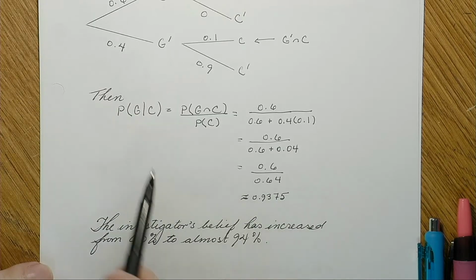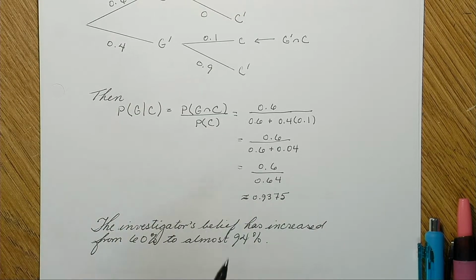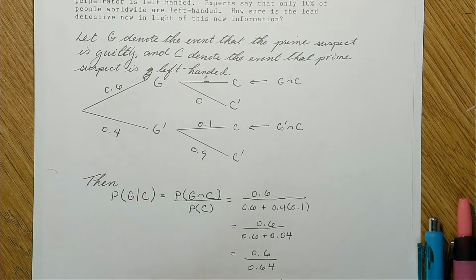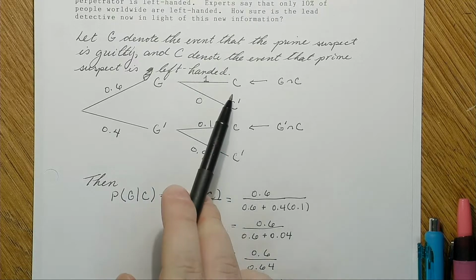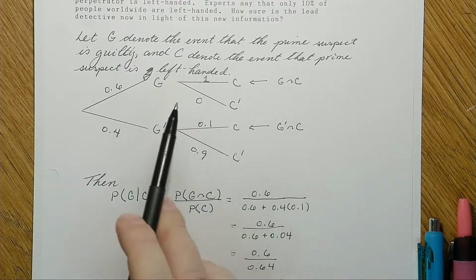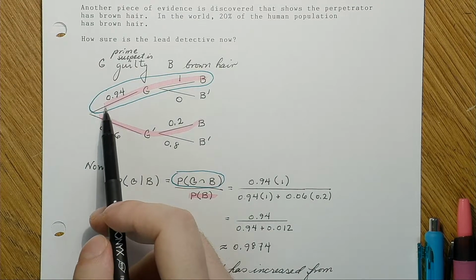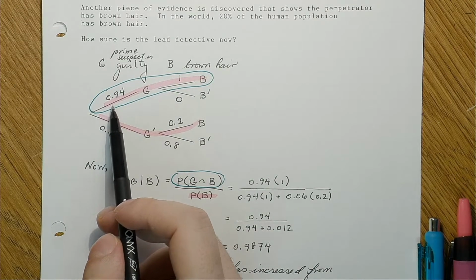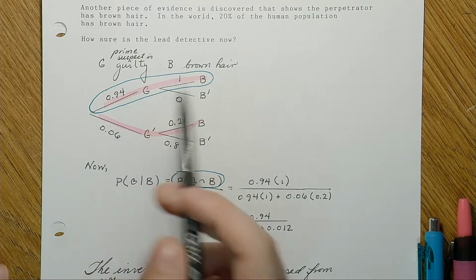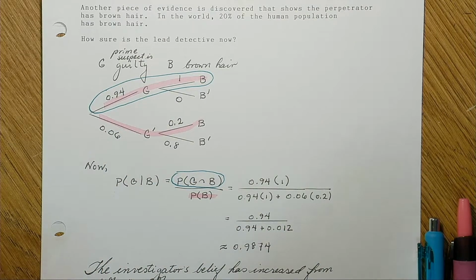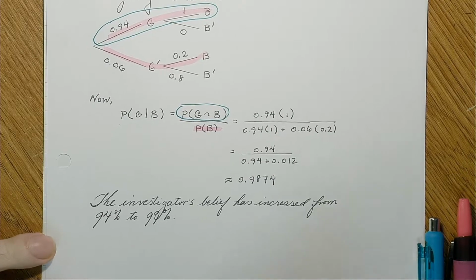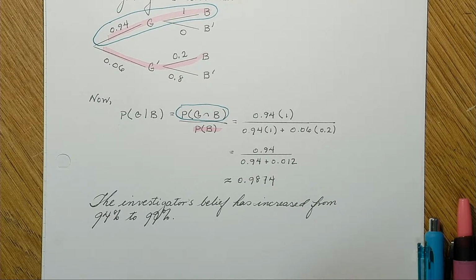So again, what we saw here was that there was a piece of evidence that showed that the guilty party, or that the perpetrator, was left-handed. And again, it went up to 94%. And then when there was another piece of information that came in that the perpetrator has brown hair, well, now the belief increases.